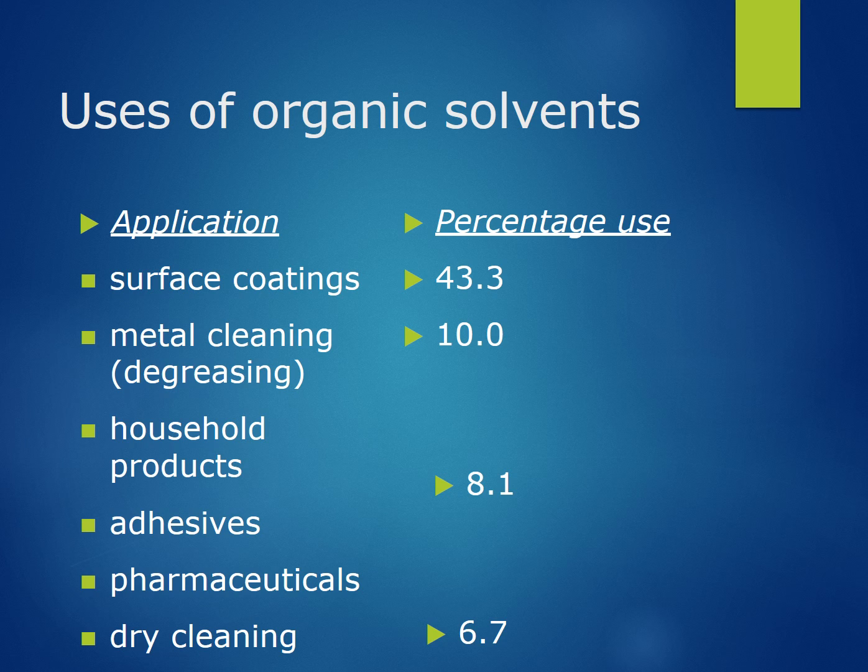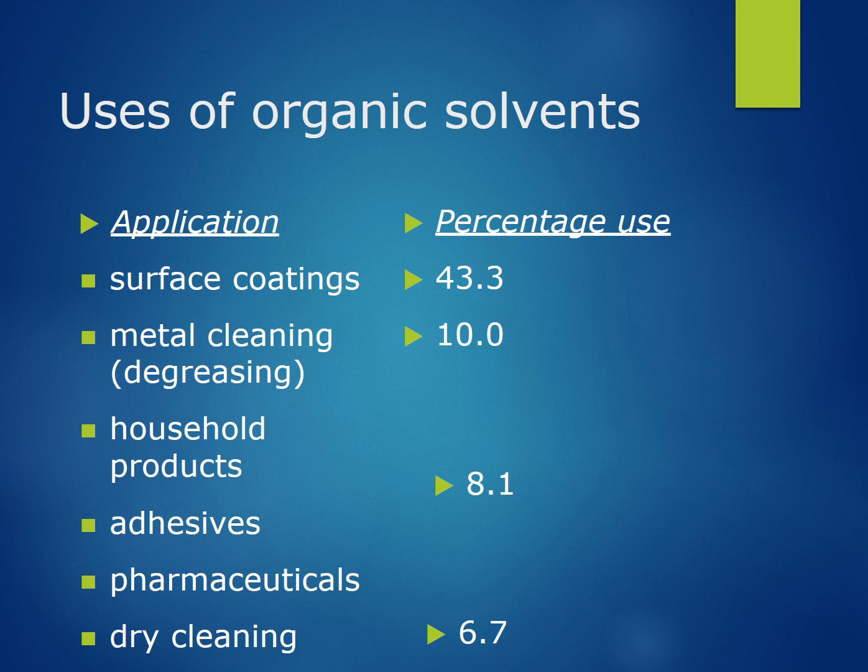Solvents are everywhere. We use them almost daily in our household cleaners or in our lawn equipment. This list includes some typical industrial uses. Solvents in surface coatings, paints, and lacquers account for about 43% of the use in industry.